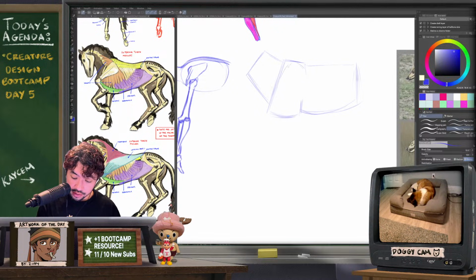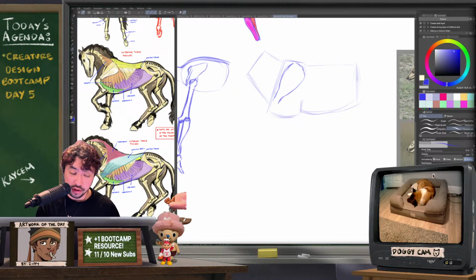Now the first thing is, you'll notice that the scapula of a horse is going to be different than a human. The scapula, again, being the shoulder blade, is going to be different. There are two major reasons why.